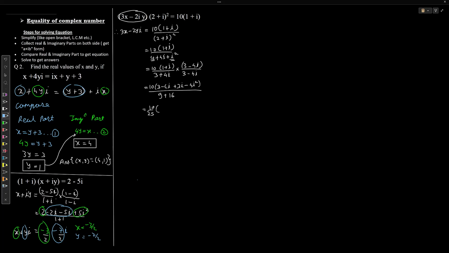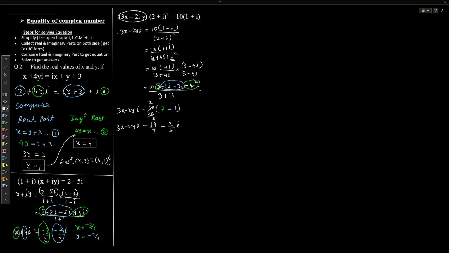And collect the real parts. 3 plus 4 will be 7, and minus 4i plus 3i will be minus i. Okay, this is your 3x minus 2yi. Open the bracket, 5 twos are 10 and 5 fives are 25. So we'll get 14 by 5 minus 2 by 5i is equal to 3x minus 2yi.